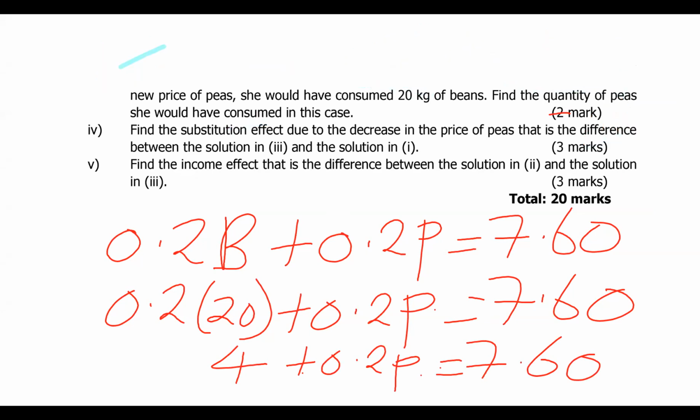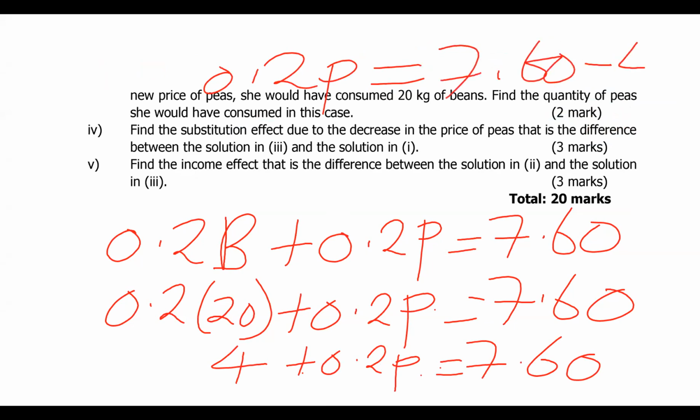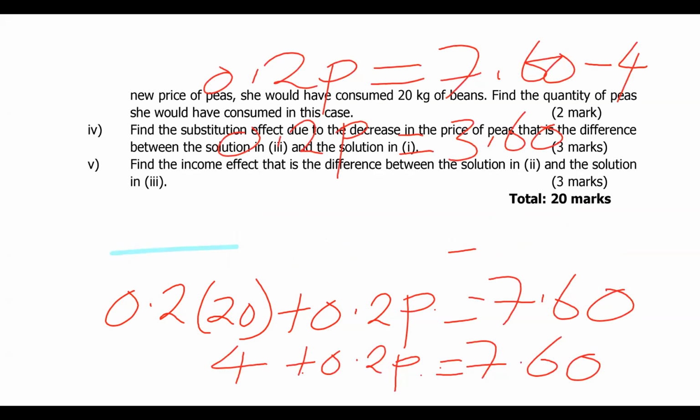Let's make P the subject of the formula. So 0.2P should be equal to 7.60 minus 4. This should be 3.60, isn't it? Yes, sir. Okay.